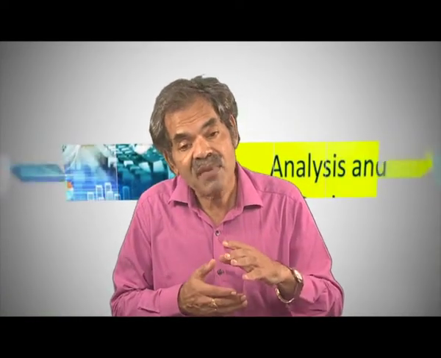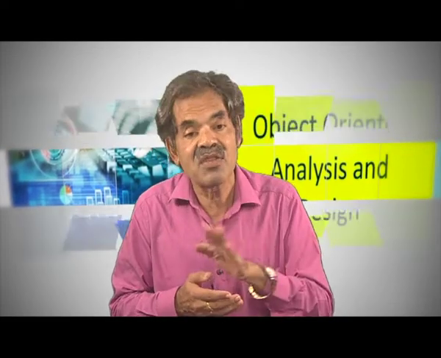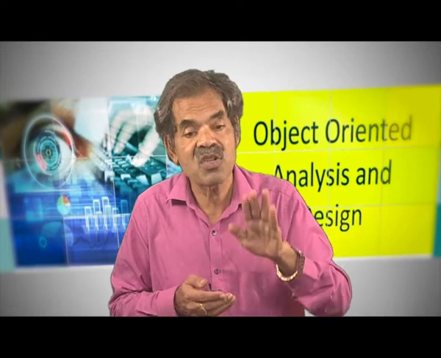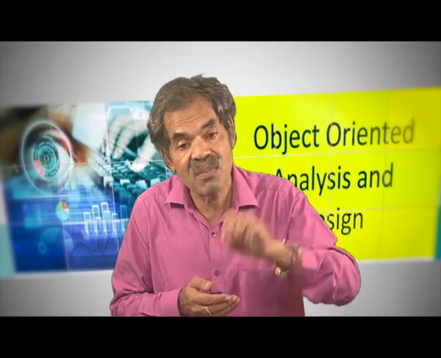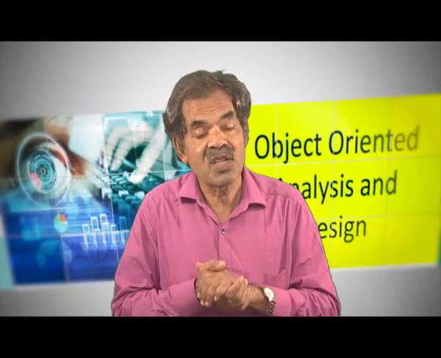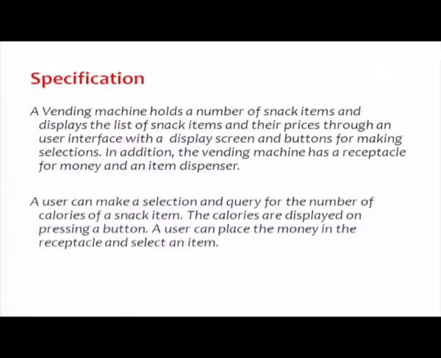So, what we have done is we have slightly challenged that model. We said that is all nice, it is all good, we talked about functionality, how the machine does this, but then the very description of the machine, the specification, a vending machine holds a number of snack items, all these nice ideas about the problem eventually become only 20 to 30 instructions.